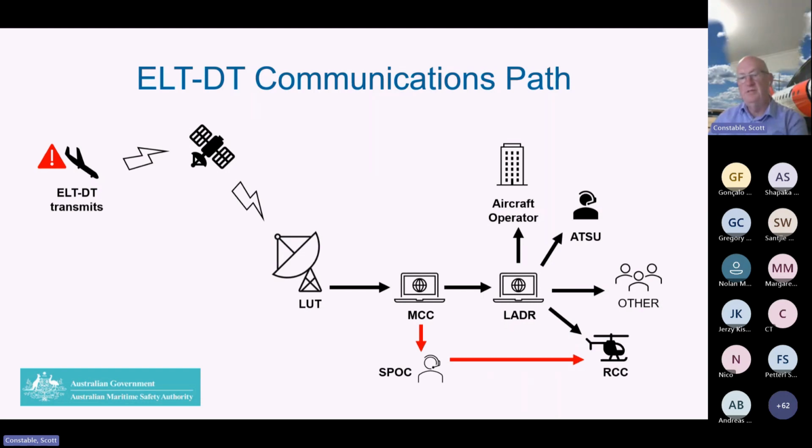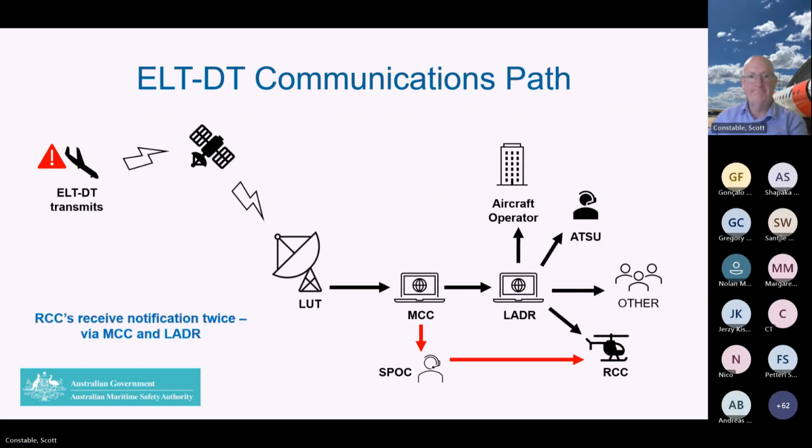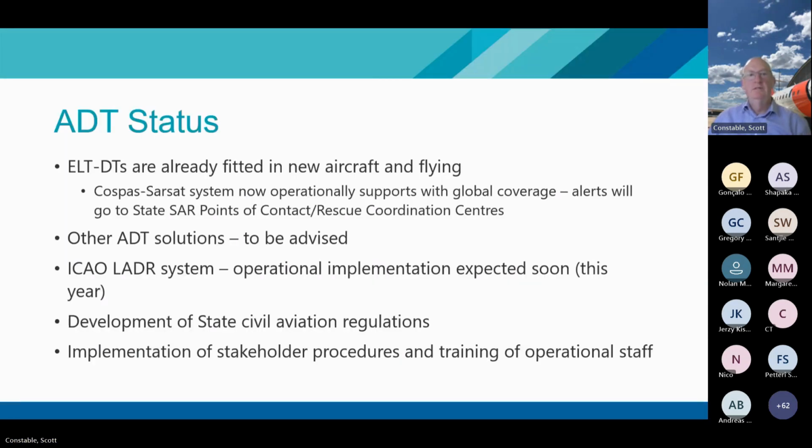Once the ladder system is in operation, which is not far away, I understand, then RCCs are going to get a notification via the ladder system, and they'll also get an alert via the COSPAS-SARSAT system. So the status of ADT at the moment, as I mentioned, they're already fitted, and there's an increasing number of operational ELT-DTs entering the environment.